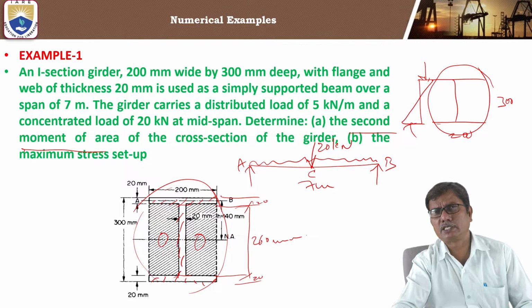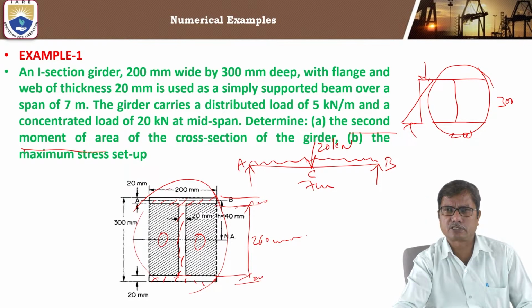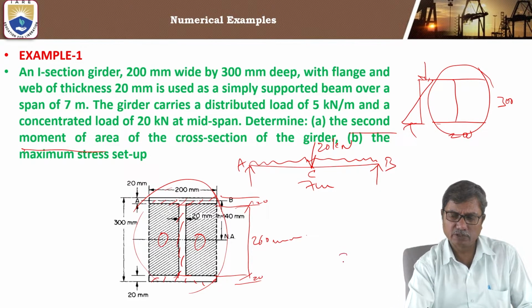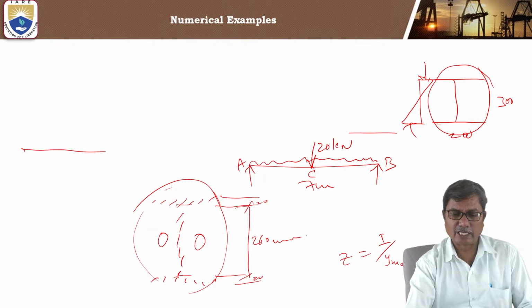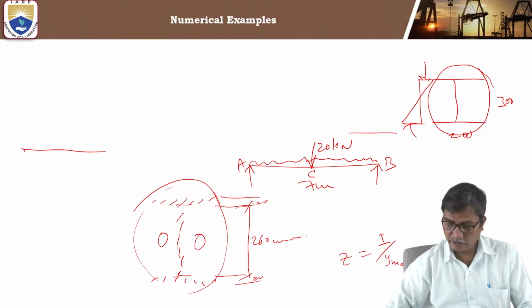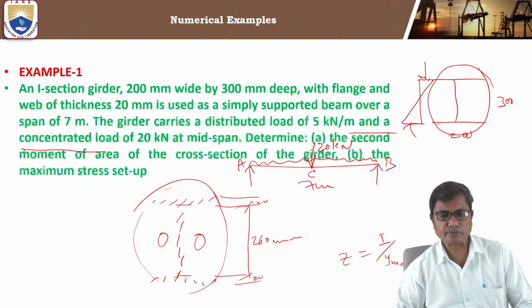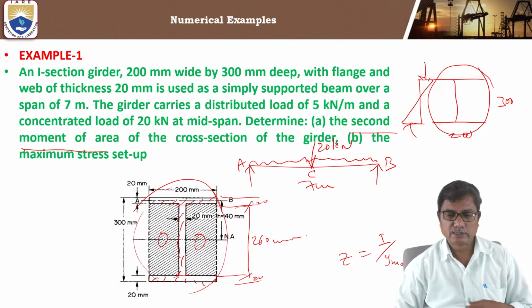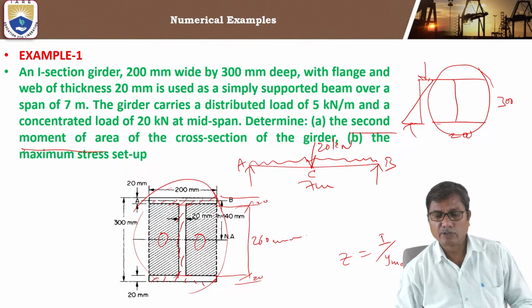This we have seen already, how to find moment of inertia for different cross sections, and also the section modulus, which is I by y maximum. It is clear.